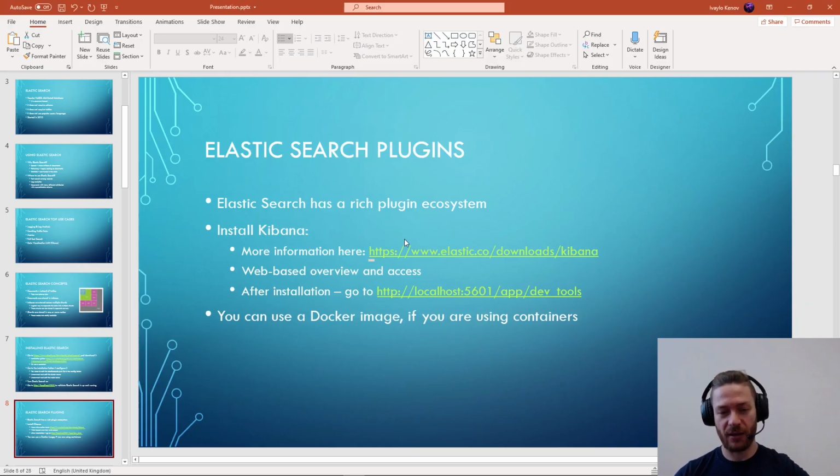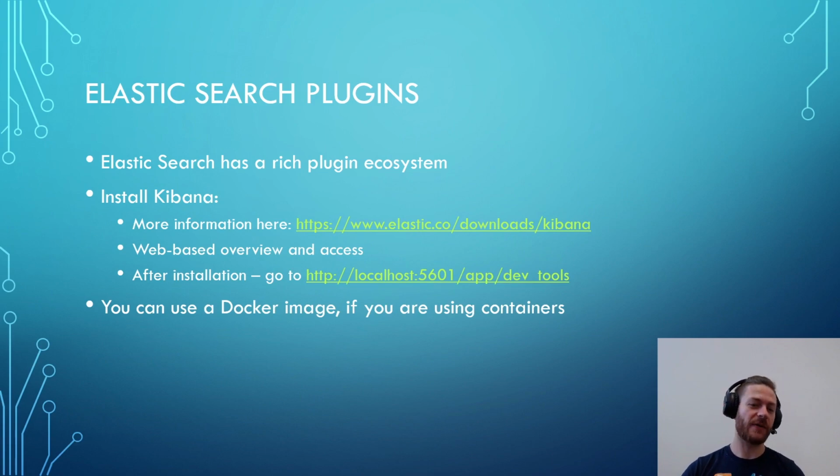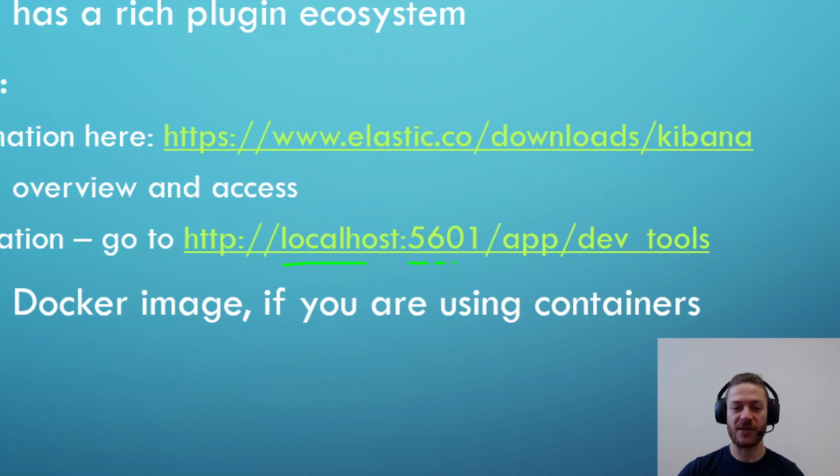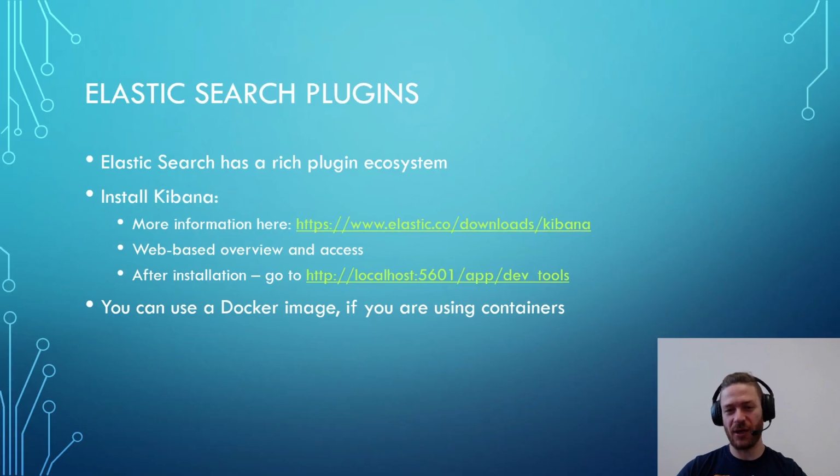It will take a minute or two, but after the installation you can go to localhost 5601, which is the default Kibana homepage. But if you want to run actual requests against the Elasticsearch database, you can go to /app/devtools. You can navigate to it.